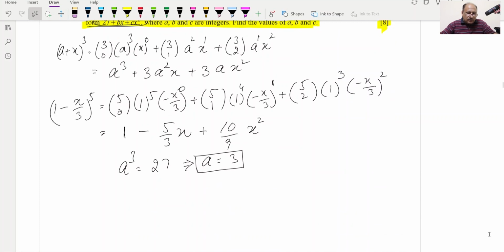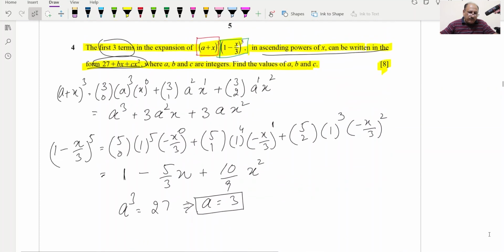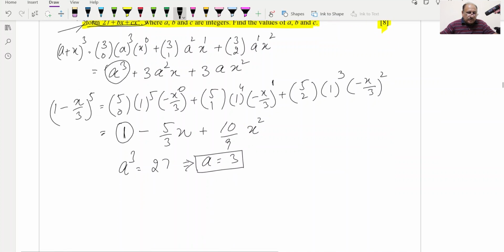Now this is basically the constant term which we have compared with this given equation, and our equation's constant term is this one and this one. So we'll multiply 1 with a cube, we'll get a cube, which is equal to 27, and we got this a value. Now we can find the terms in x. So terms in x will be what?